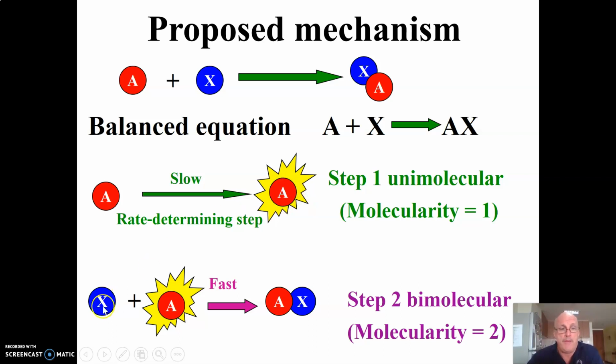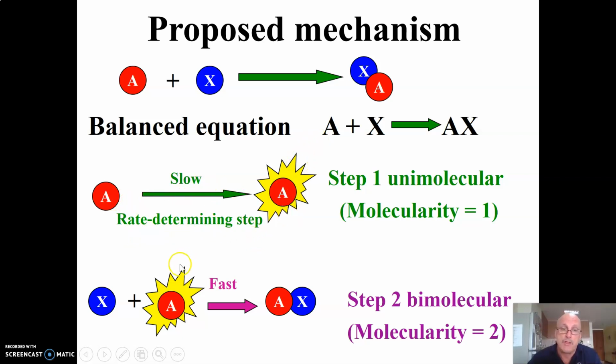But you can see that if I increase the concentration of X, it's going to have no effect whatsoever because this X cannot do anything until this slow rate determining step has occurred. So you can put as much X in as you like, and it's not going to affect the rate. Whereas if you increase the concentration of A, there will be an effect because this is the slowest rate determining step.